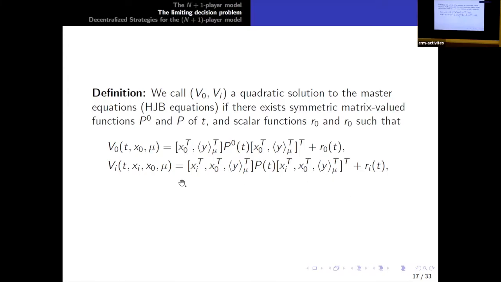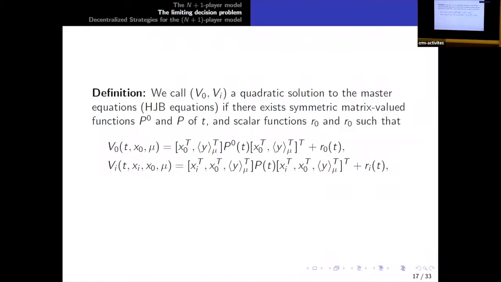In the vector here, you can see we have a very simple interpretation for y sub mu here. So this is basically the first moment of the mean field.